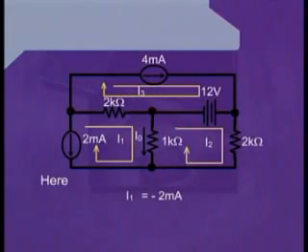Also, looking into the mesh 3, we can see that the current source having a value of 4 milliamperes is the only source of current which is flowing through it. Therefore, we can safely write I3 is equal to 4 milliamperes.